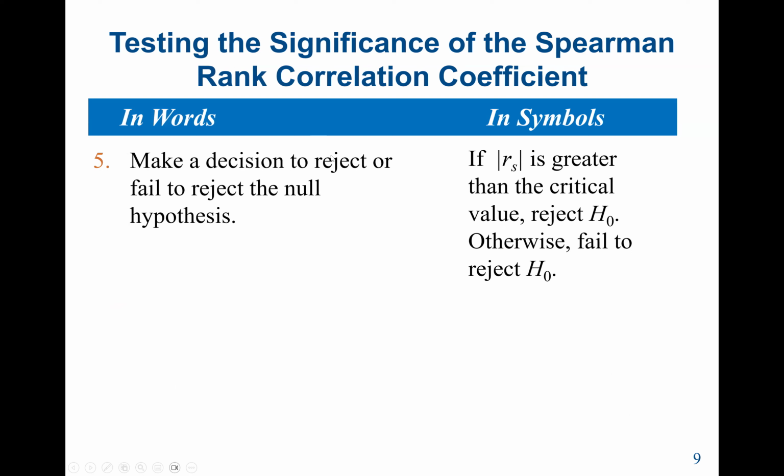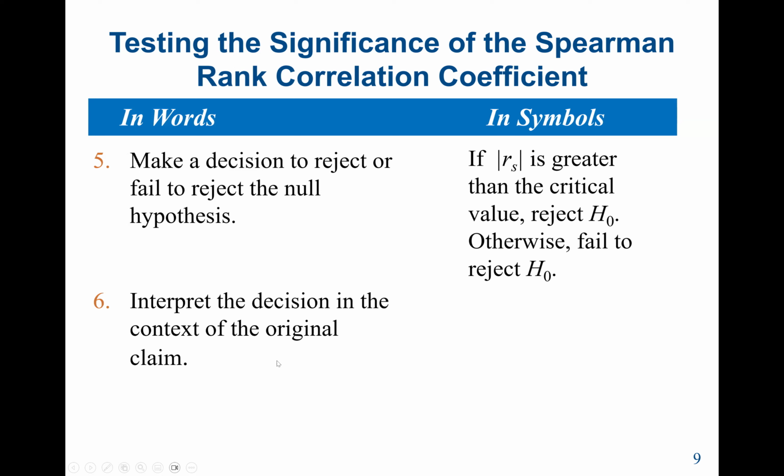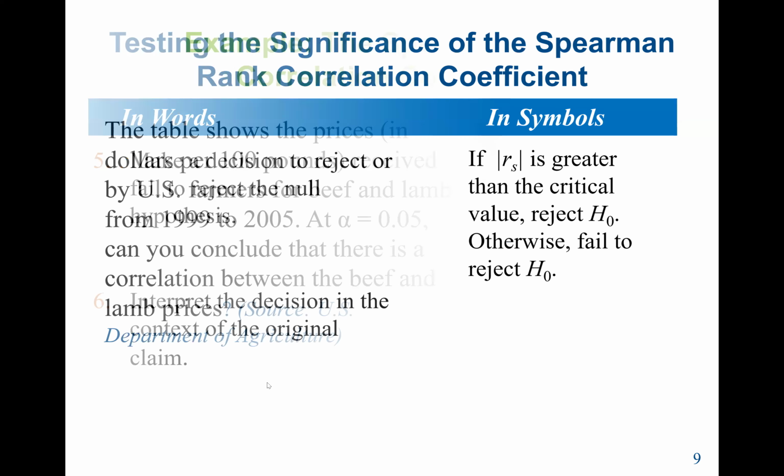Always, if our test statistic is greater than the critical value, then we reject H0. By the opposite, if the critical value is greater than the test statistic, we are going to fail to reject H0, which means there's no correlation between the two variables. Then we need to interpret the decision in the context of the original claim.